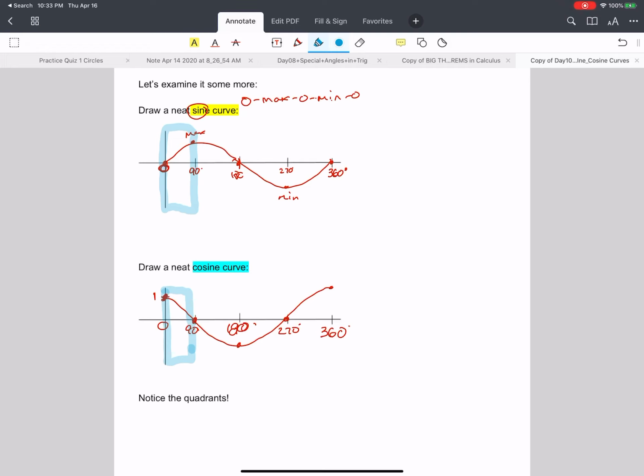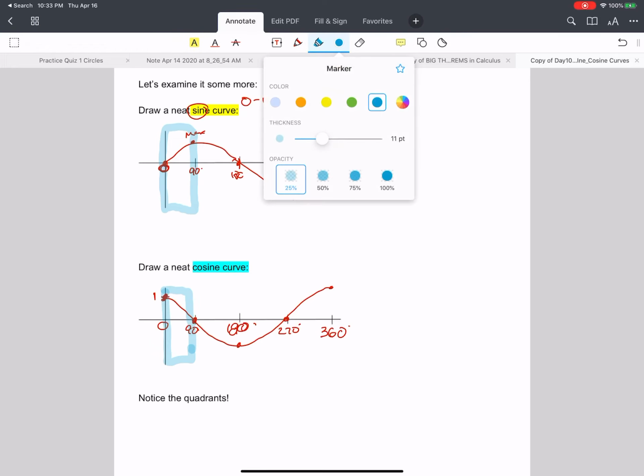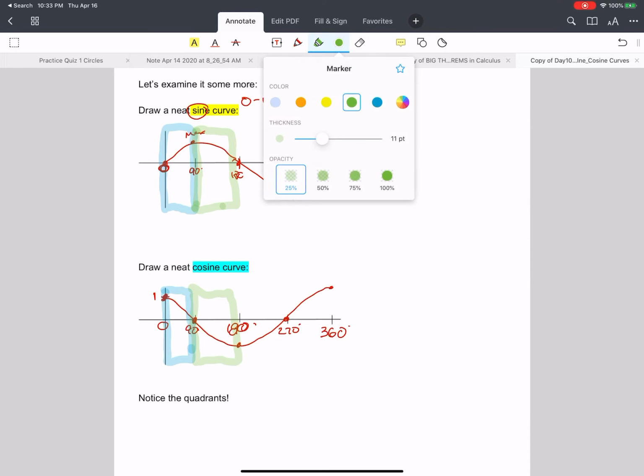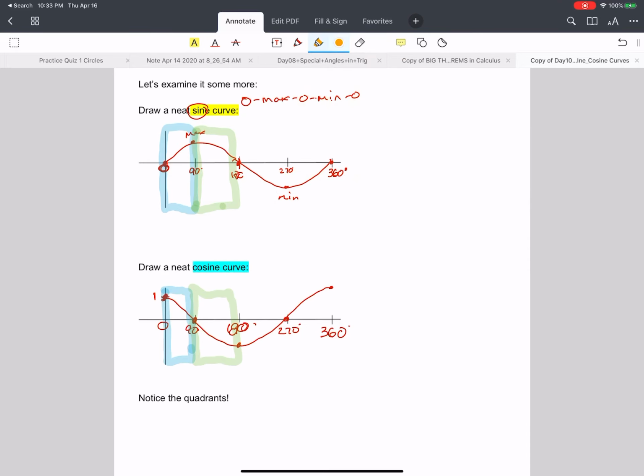I might as well show you all of them. These are the different quadrants. Here's the second quadrant. The quadrants are 0 to 90, 90 to 180, and now 180 to 270.